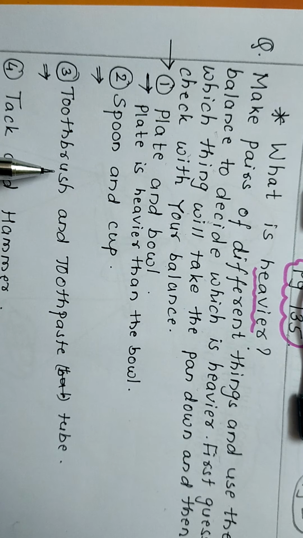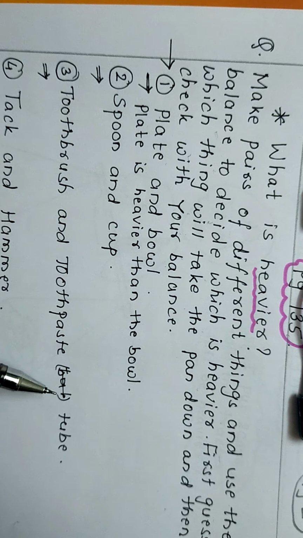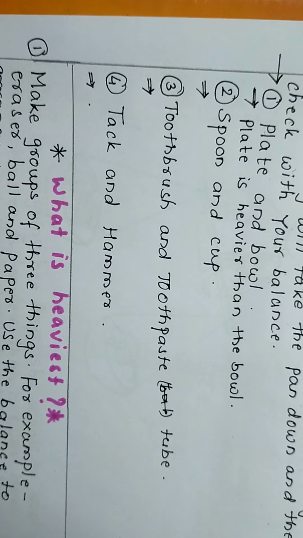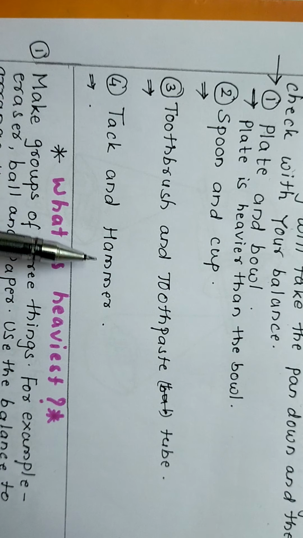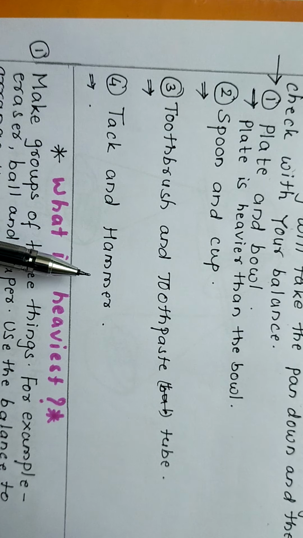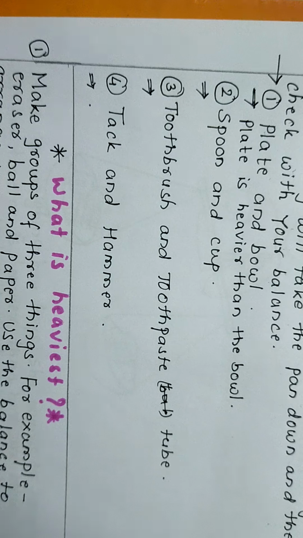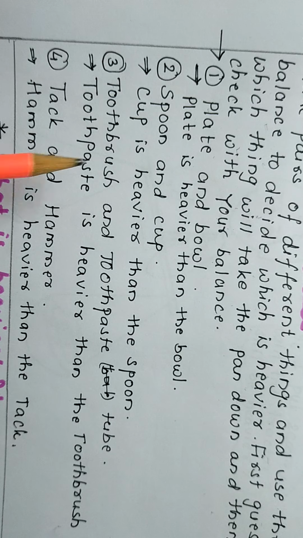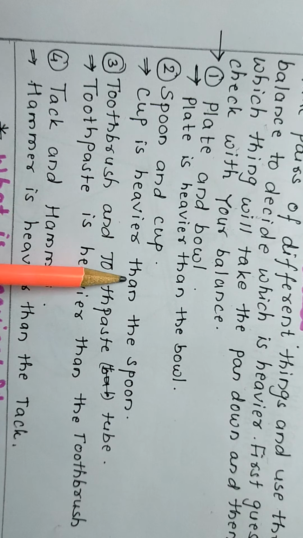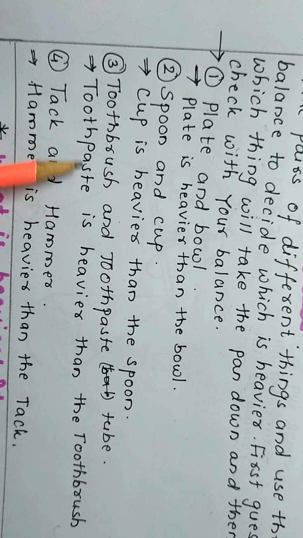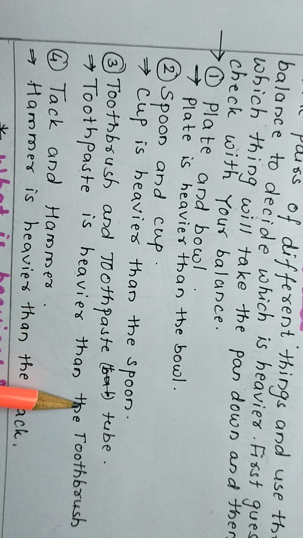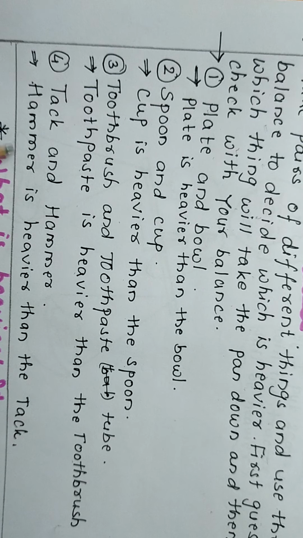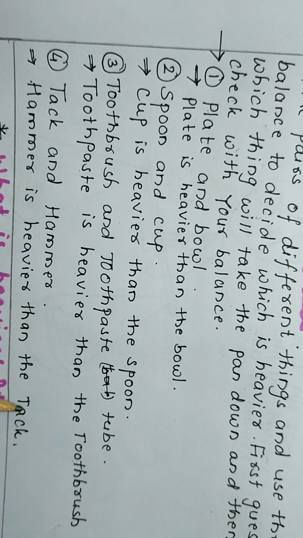The toothpaste tube is heavier than the toothbrush. In this way you have to write. Tack and hammer: we can say that the hammer is heavier than the tack. So let's write it. So here I have written for everything. Cup is heavier than the spoon. Toothpaste is heavier than the toothbrush. Hammer is heavier than the tack.